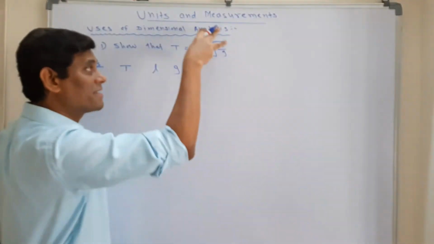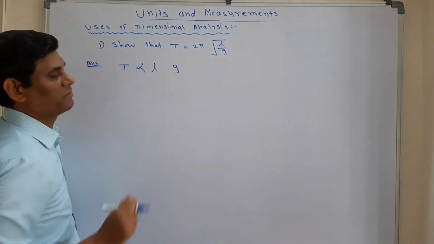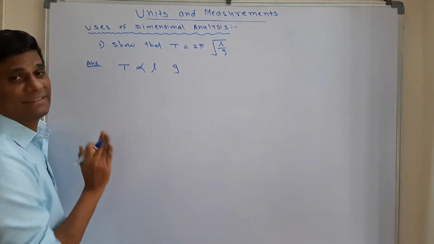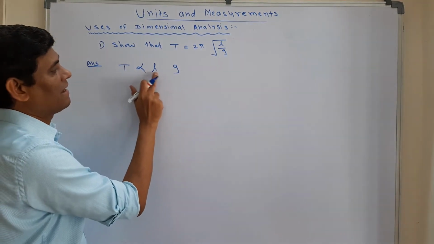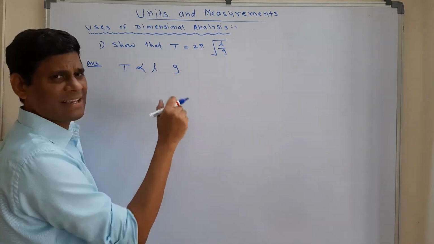We have to establish this relation with the help of dimension analysis. So you have to take proportional to this. We don't know the powers, but we have to take it this way: T is directly proportional to L and directly proportional to G. Raise the power of L and the power of G by, say, alphabets.